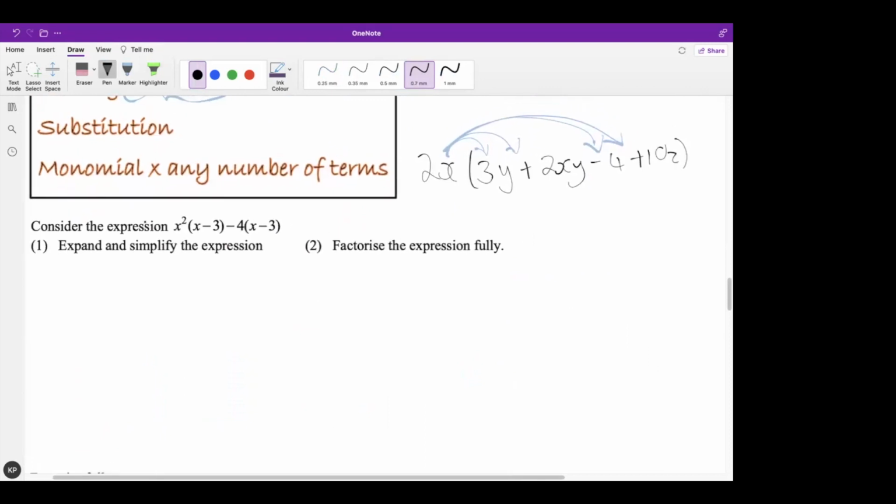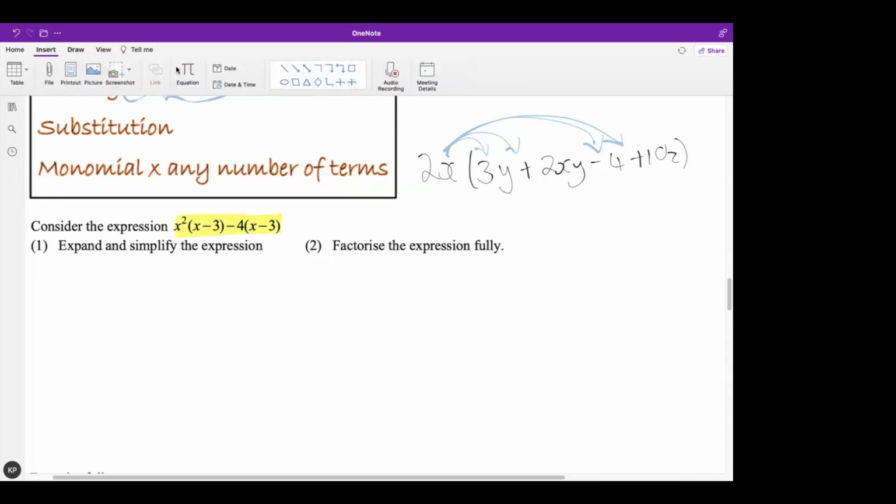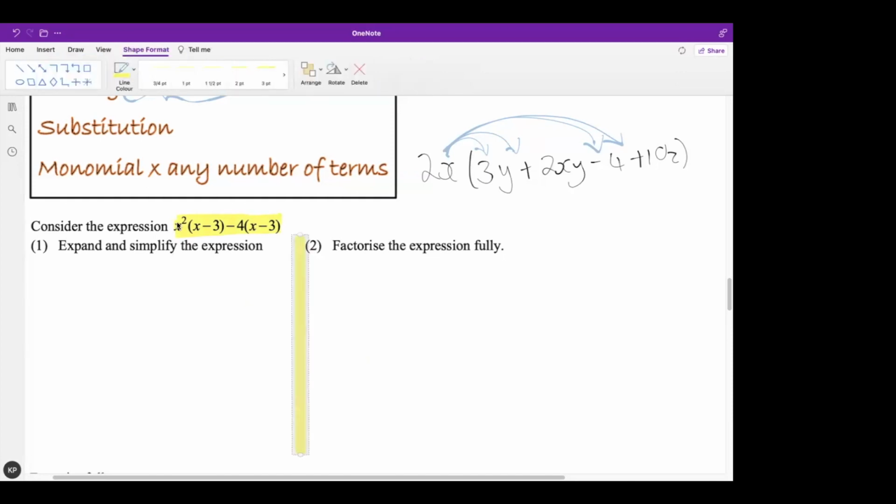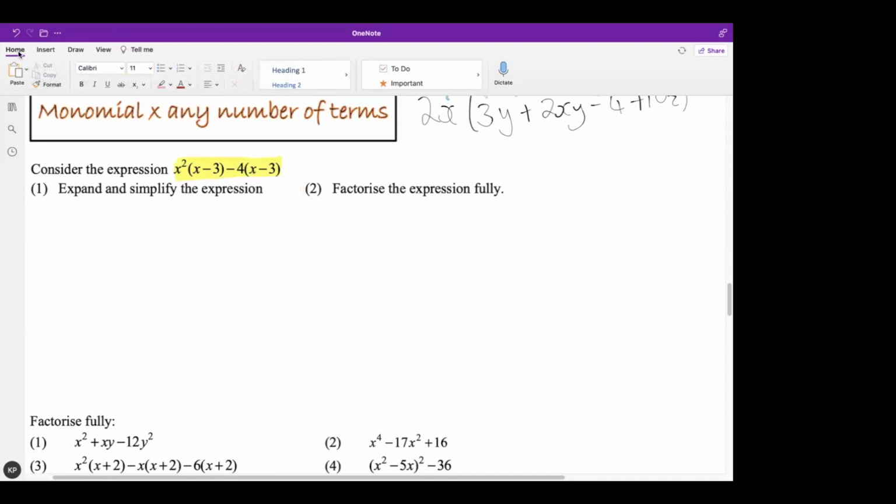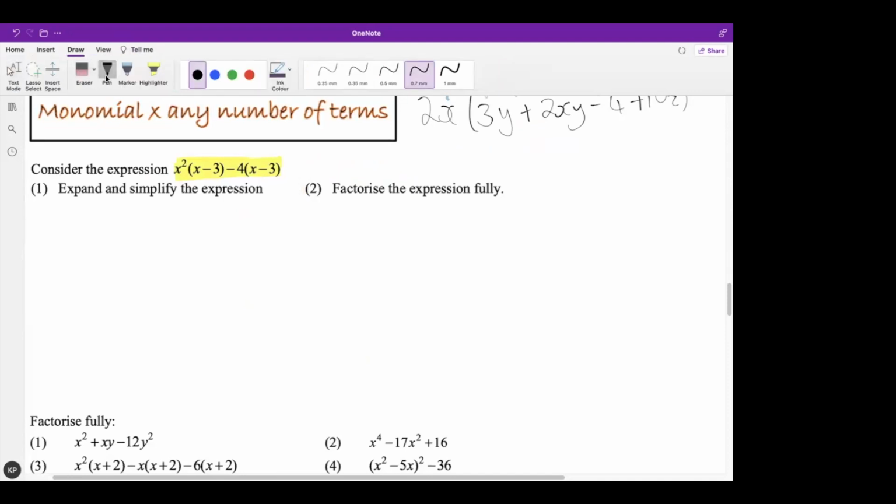Okay. So now I have one expression here, the expression that we're working with: x squared times x minus 3 and negative 4 times x minus 3. And we have two different instructions. I wanted to do this so that you can see the difference between these two instructions, because in a test it is important that you know what they are asking of you so that you do not do the wrong thing.